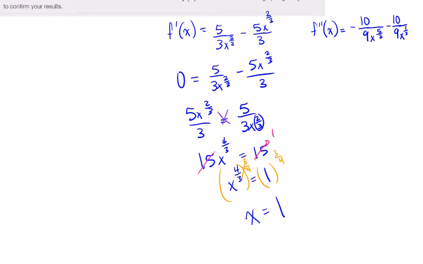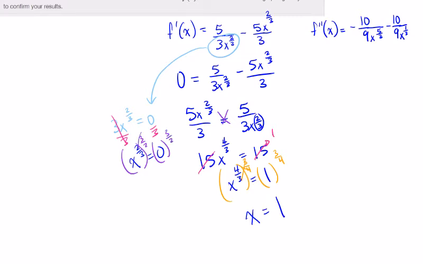Okay. But we also have another critical point here where we have a variable in the denominator. And whenever you have a variable in the denominator, you can take that and set that equal to 0. Okay, so you can say, well, when does 3x to the 2/3 power equal 0? And you can divide by 3, right? And you get x to the 2/3 equals 0 divided by 3, which is 0. So then we can do the same thing and raise both sides to the reciprocal power.